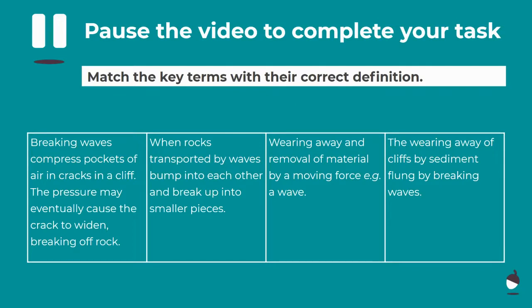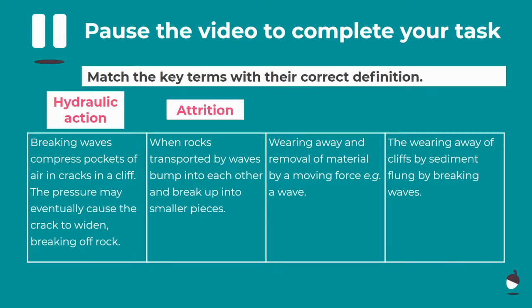The first definition was breaking waves compress pockets of air into cracks in a cliff. The pressure may eventually cause the crack to widen, breaking off rock. That one is hydraulic action. When rocks transported by waves bump into each other and break up into smaller pieces, it is attrition.